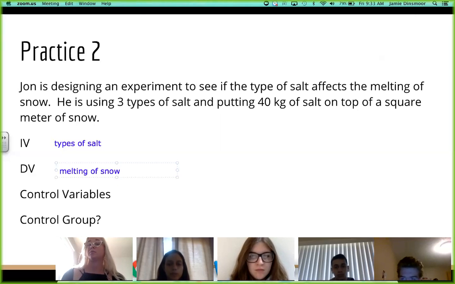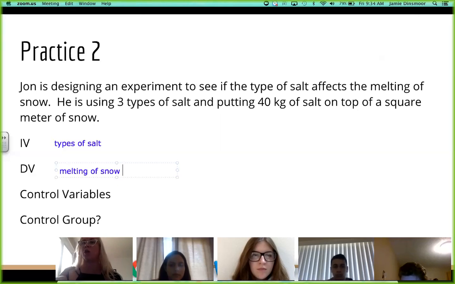The weight? That's a really interesting idea, Jordan. So liquid water is going to weigh more than frozen snow, right? So we could actually measure the weight over time and see how much has melted. If it's in a container, we could see the ice part floating on the water, right?